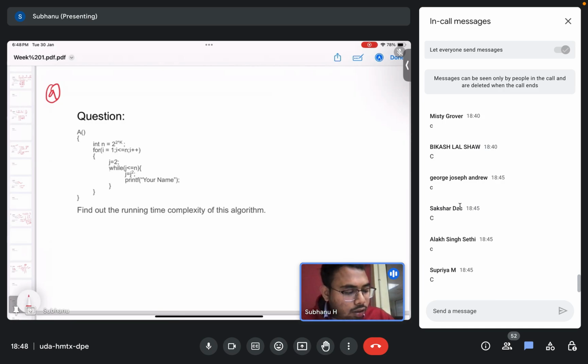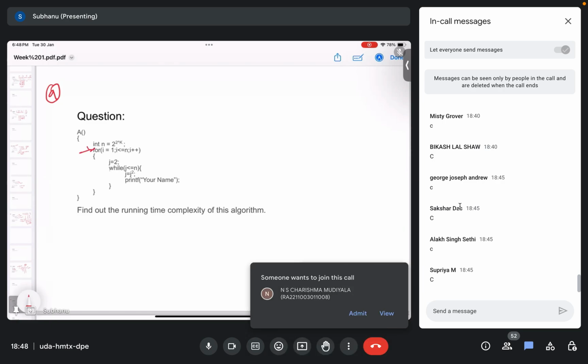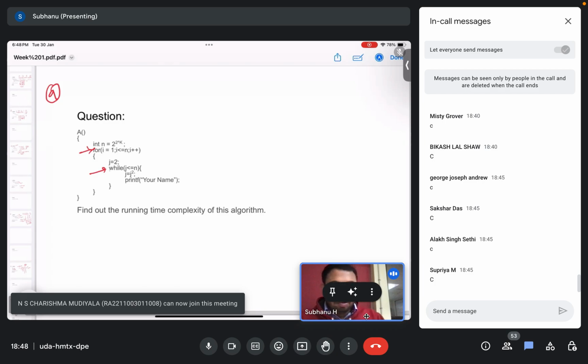Now you might be wondering how you will start from this case. Previously we were seeing that there were 2 or 3 nested for loops, but here you can see that there is a for loop and also a while loop. So how will you handle this case?